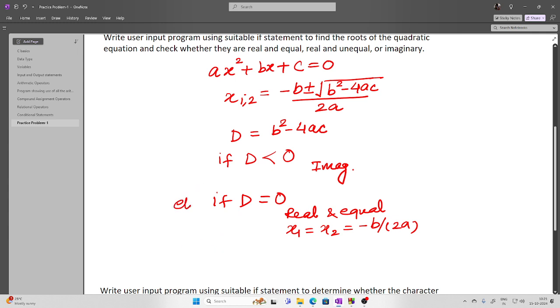So if the discriminant is neither less than 0 nor 0, then it is obvious that the discriminant is going to be more than 0.